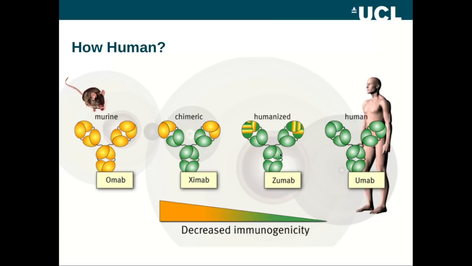So, although on average this is true, that you get decreased immunogenicity, in particular instances it may not be true. And so people were effectively trying to abuse the naming system just to get an umab name or a zumab name rather than a zimab name, just for marketing purposes. And so this was one of the reasons that it was taken out of the naming scheme.